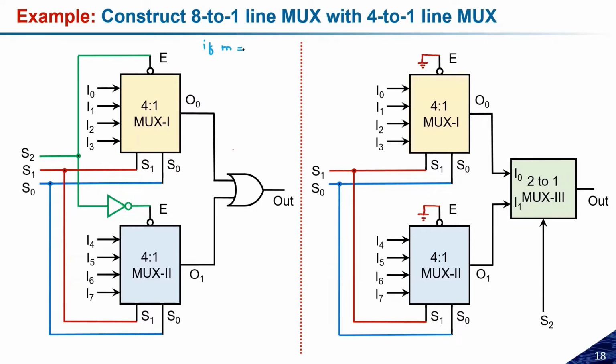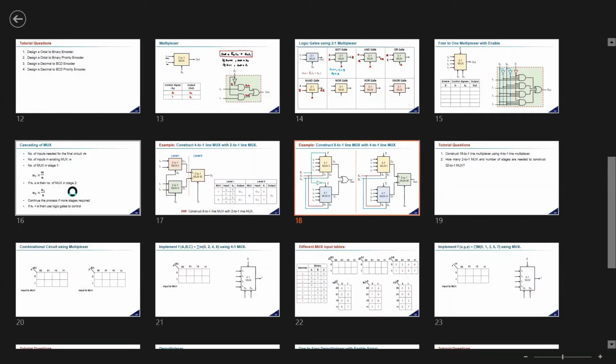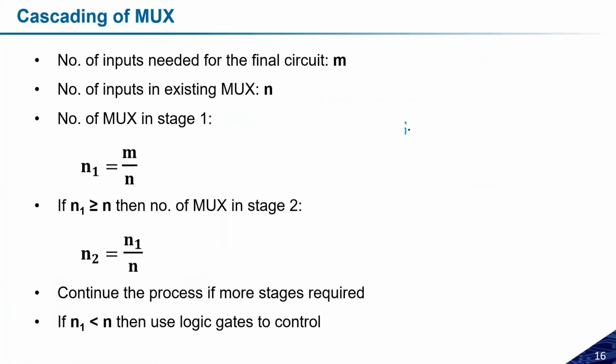If m is equal to n square, and maybe in multiple orders, like n1, nx, something like that, then only the mux will be sufficient.